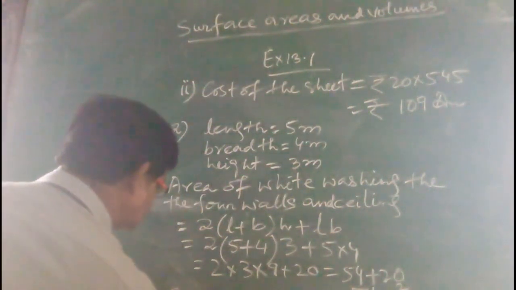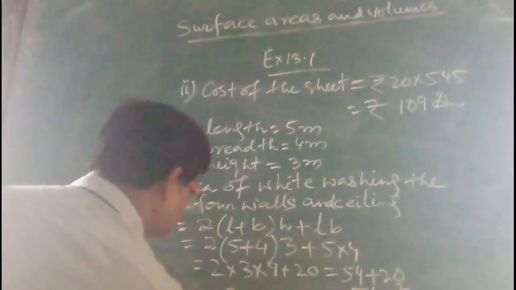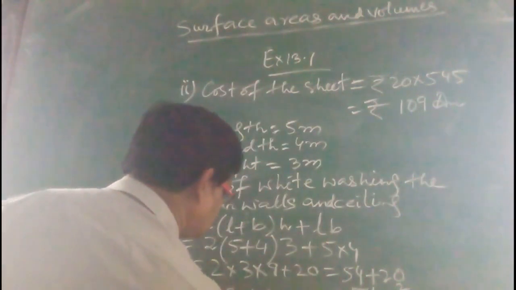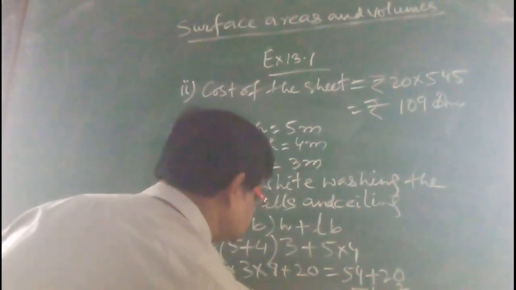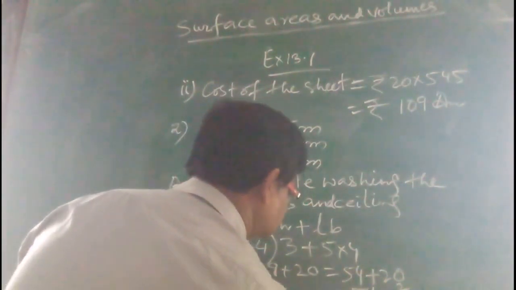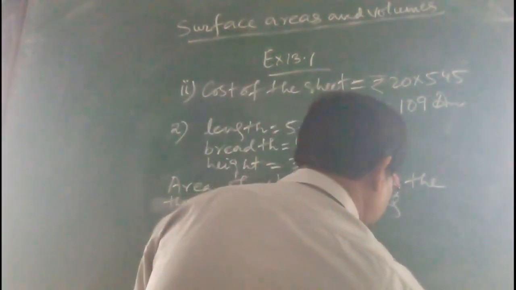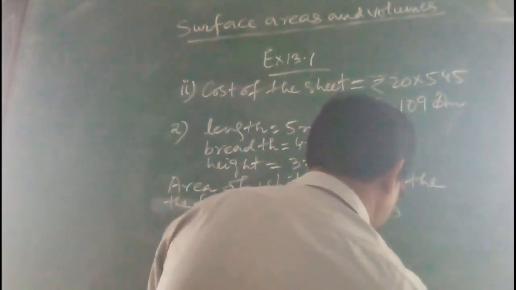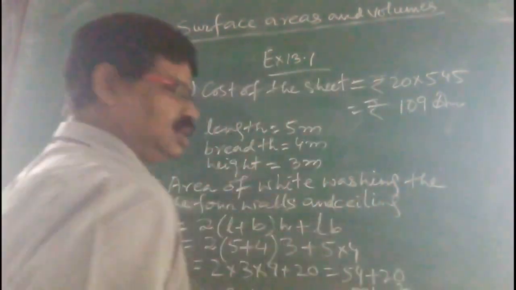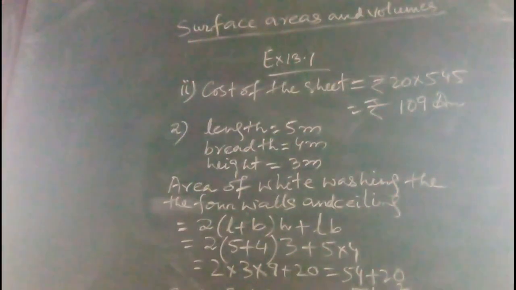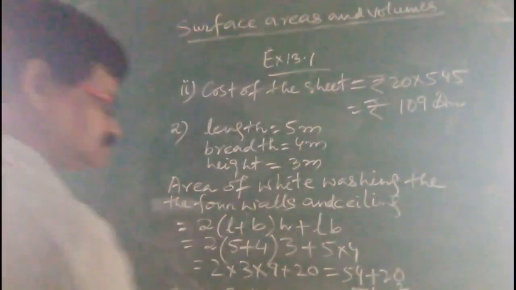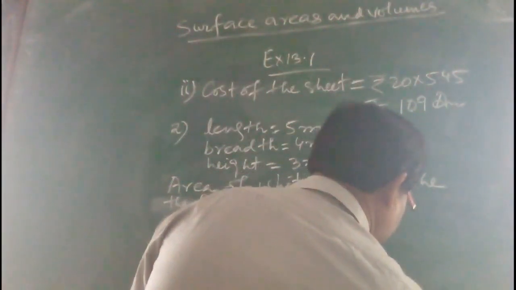Next, cost of whitewashing equals rupees 7.50 into 74.